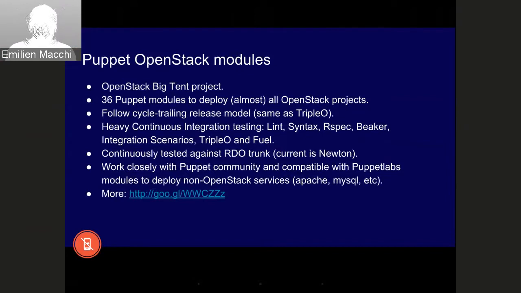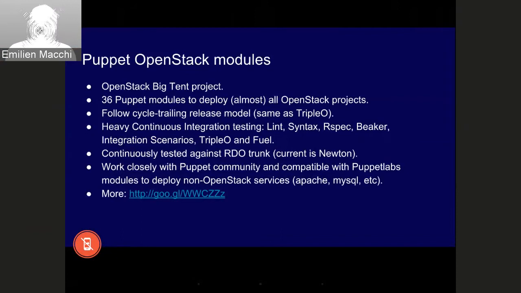We are working very closely with the Puppet community, and the modules are working with the official Puppet Labs modules. For example, in TripleO, you will see that we are deploying Apache. The Puppet OpenStack modules actually work with these modules supported by Puppet Labs. We did not fork our own modules, and we did not create everything.